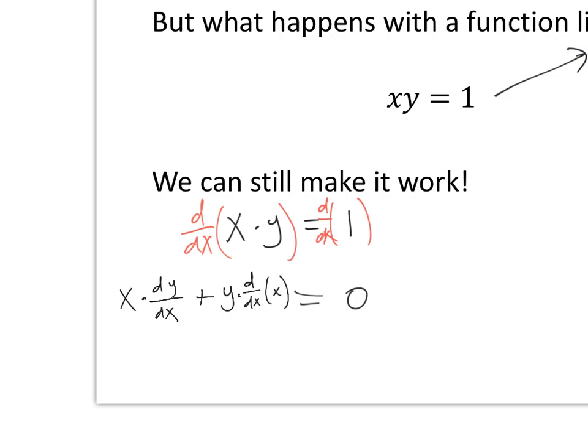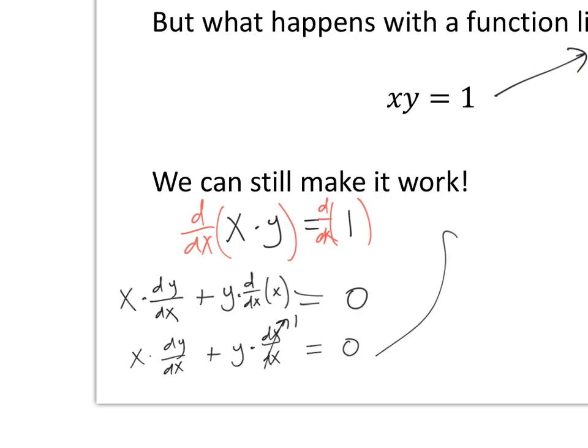Well, we know that, x times dy dx plus y times dx over dx. Well, what's dx over dx? The change in x changes as the x changes. Well, this is just a funny version of 1. So that is just 1, and the derivative of x is 1, and we've known that for a long time.